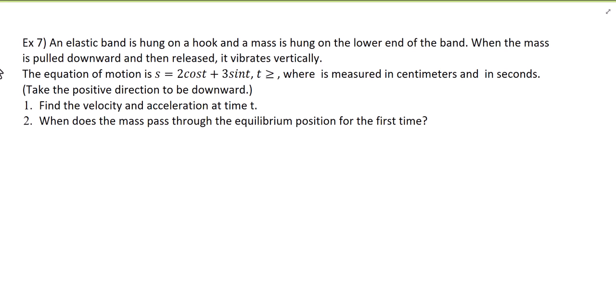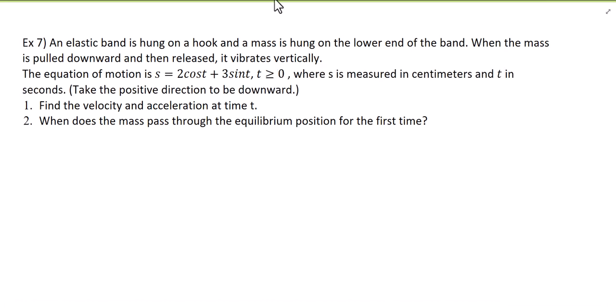So it's going to vibrate, and it says vertically. So the equation of motion is S equals 2 cosine t plus 3 sine t, where t is greater than or equal to 0. So positive. And S is measured in centimeters and t in seconds.